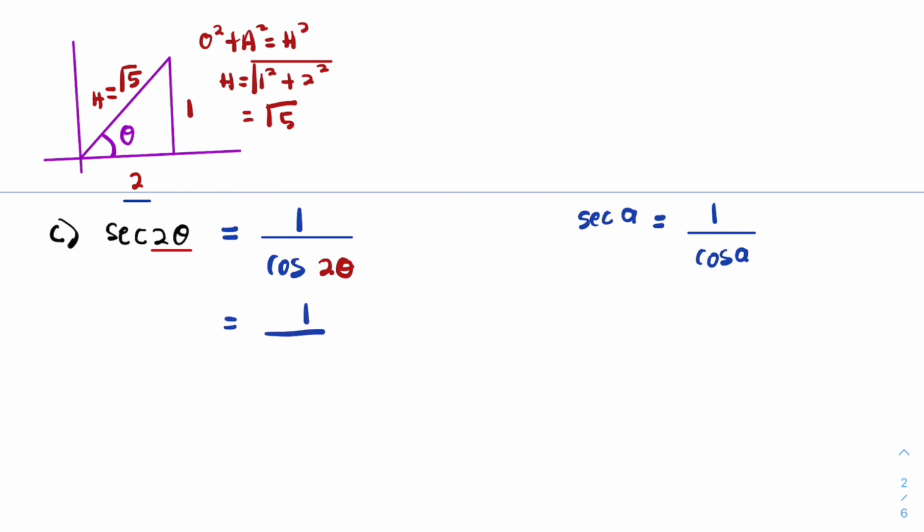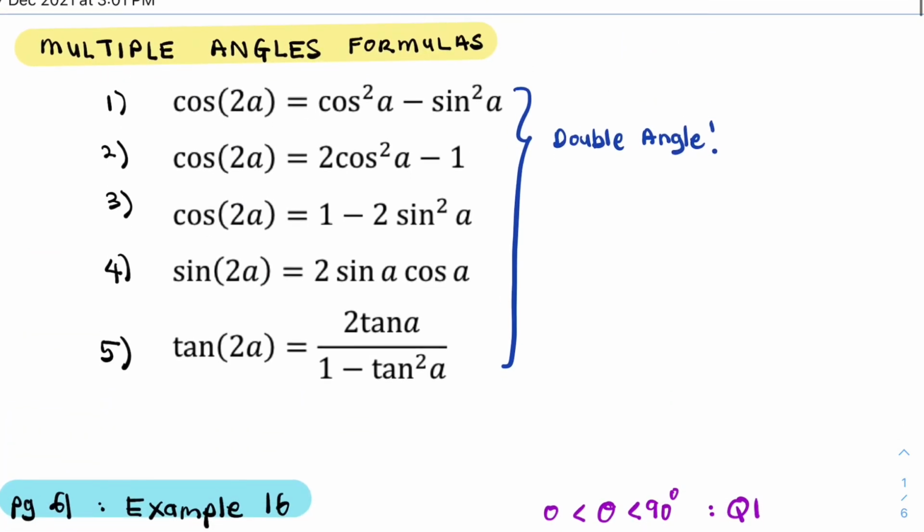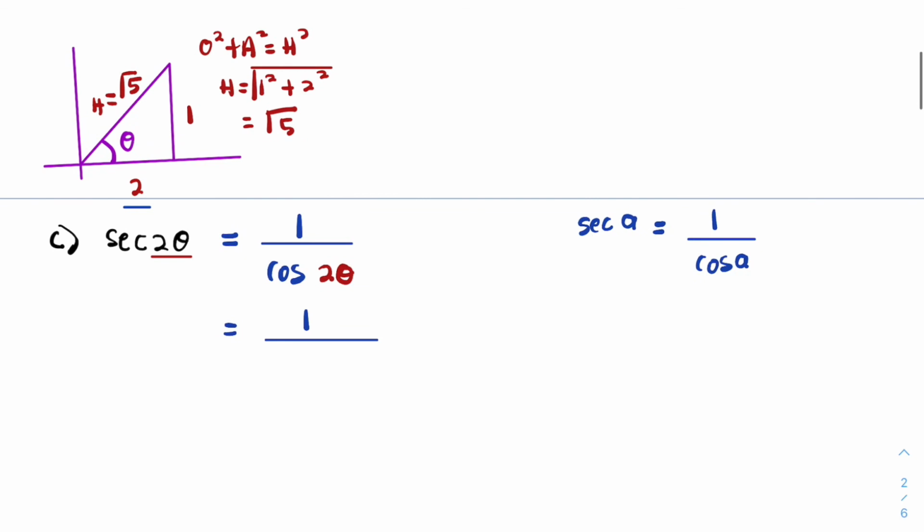1 over. Now, you have 3 choices. 3 choices of cosine. It's up to you which one you choose. You will get the same answer. Okay, for example, I'm going to choose the last one, 1 minus 2 sine squared theta. Right, so substitute. So over here you have 1 minus 2 sine squared theta.